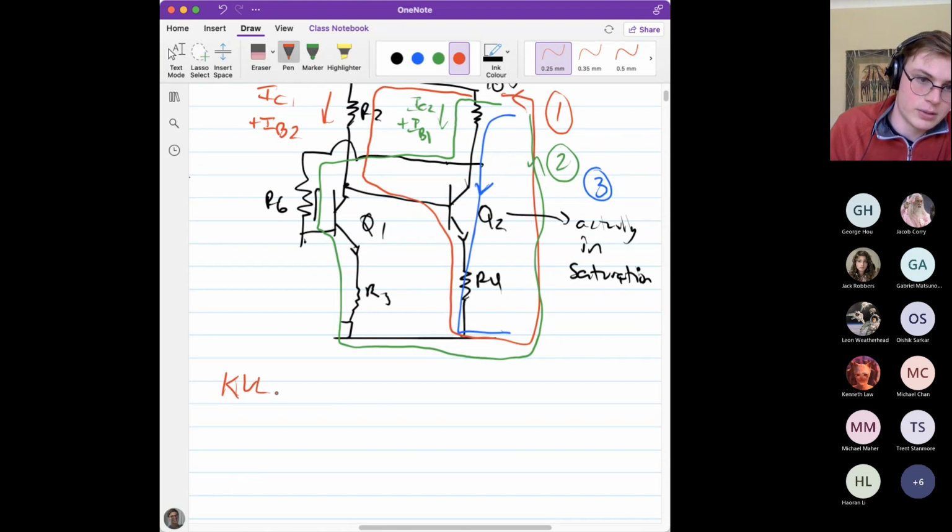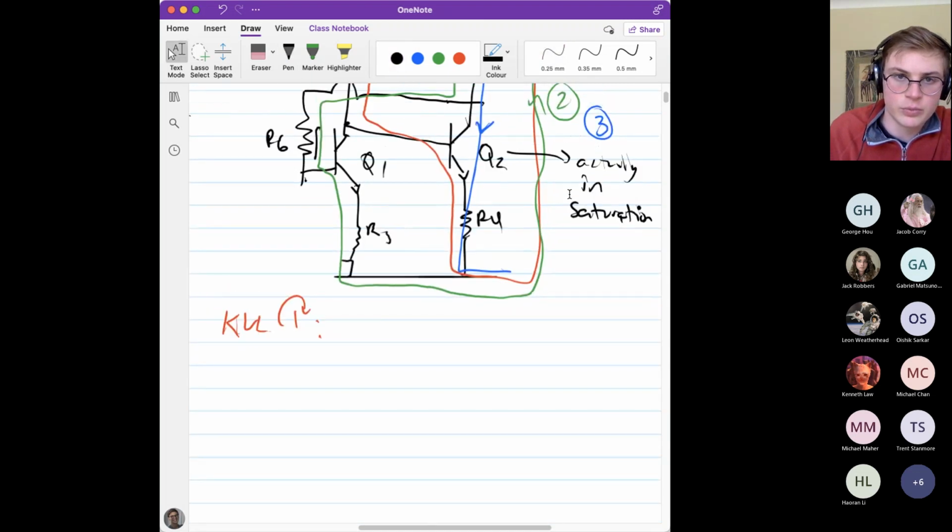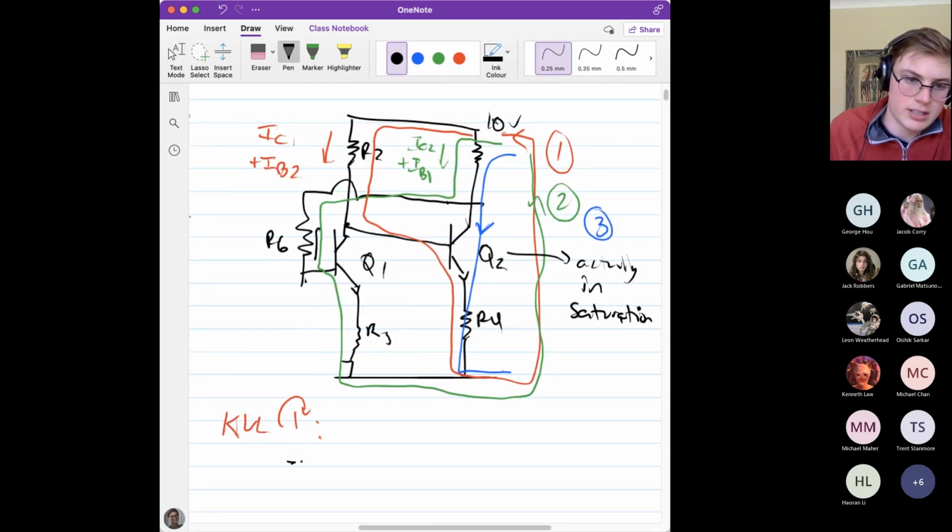Okay, so let's do KVL around loop 1. And I go anti-clockwise. Let's have a look at what we get. So we're going to go -10 plus R2. So we've got two currents. There's the collector current flowing through into Q1, and then there's also IB2, which is the base current.